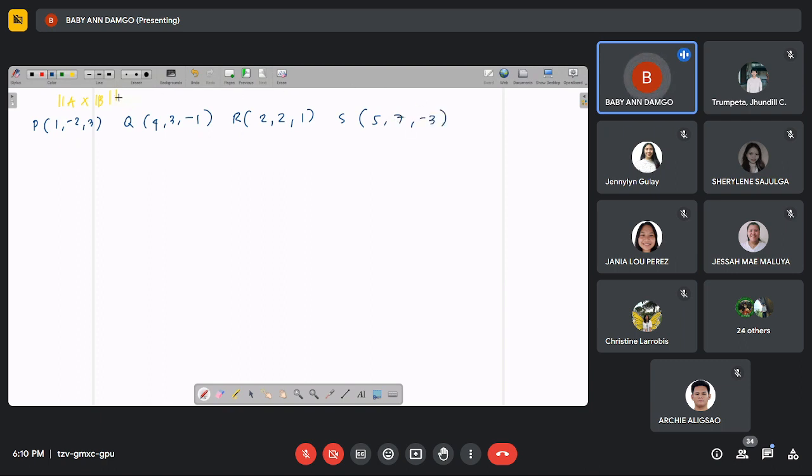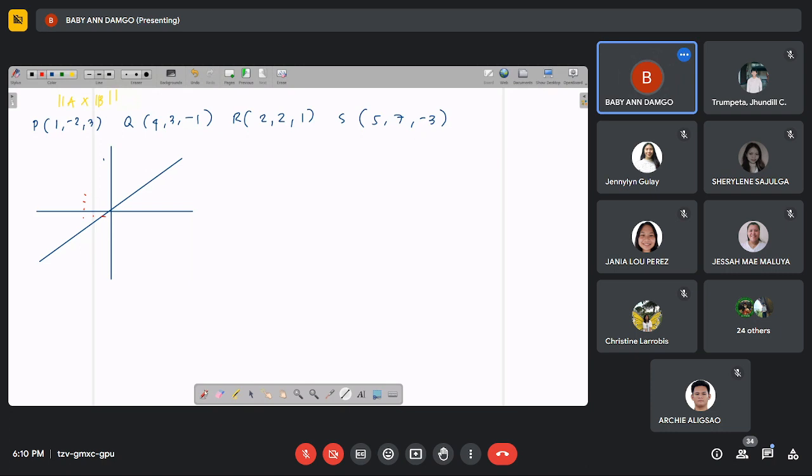So first, to make it easier to see, we will draw these points in the three-dimensional vector space. We are not going to be exact, we just want to see the figure. Okay, so (1, -2, 3): 1, and then -2, and 3.